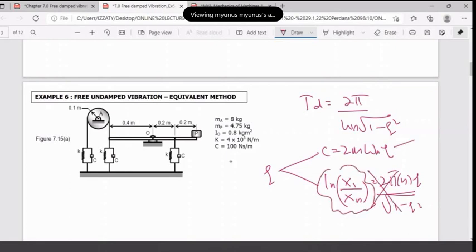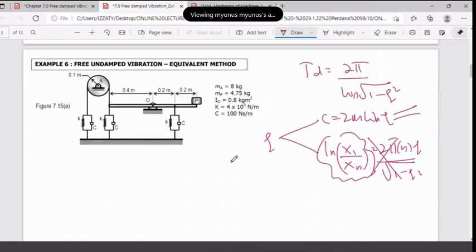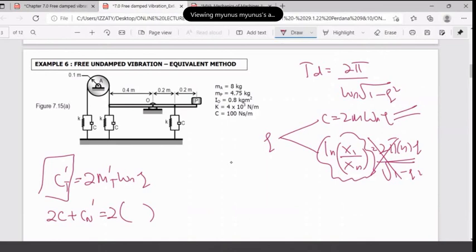You have to use the equation Ct equal to 2mt omega n zeta. The Ct here is equal to 2C just now plus Cn prime, equal to 2m omega n zeta. M is calculated already. The omega n is also calculated already. Then you know zeta. Be sure that zeta lies within the proper range.